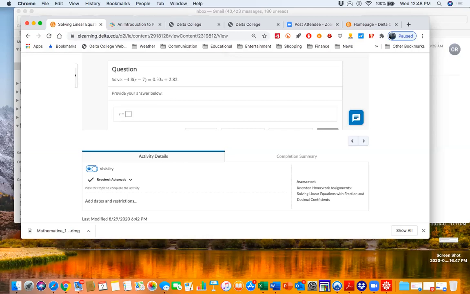It's only when you end up with something like 0x equals 10 that it would mean no solution. So just keep those straight.